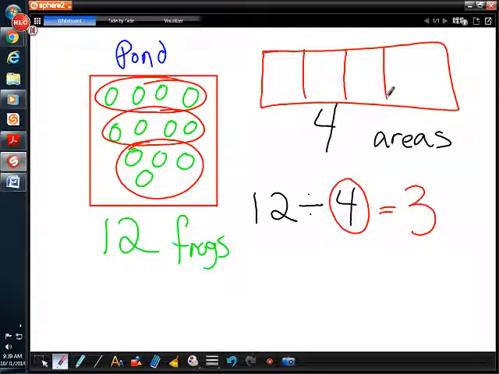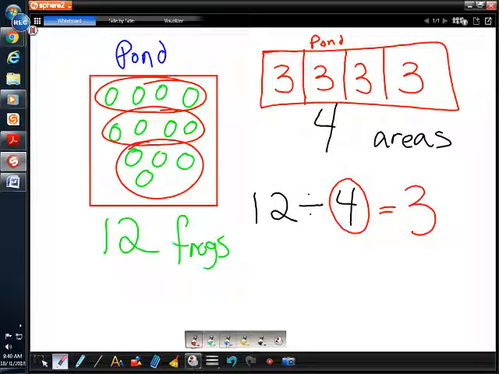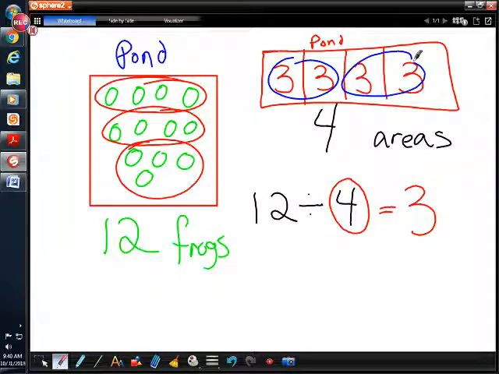Okay, so here's our 4 areas of the pond. And if we put 3 in that area, 3 in that area, 3 in that area, and 3 in that area, that should equal 12. Well, I know 3 plus 3 plus 3 plus 3 is 12, because I know that's 6 plus 6, and 6 plus 6 is 12. So I'm good to go. So that's going to be 12 divided by 4. 12 put into 4 groups. There's going to be 3 per group.